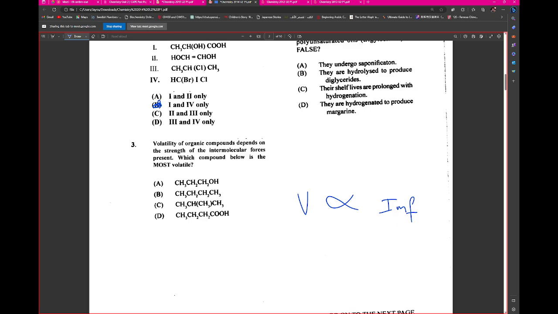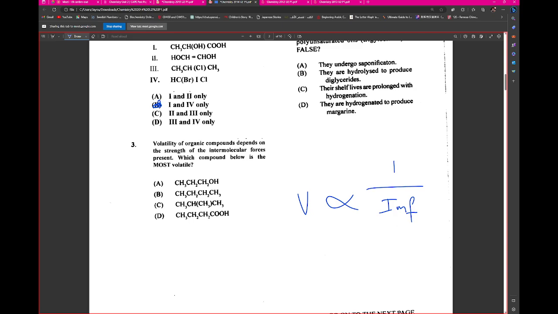Is it directly proportional or inversely proportional? As the intermolecular forces between compounds increase, doesn't that allow the volatility to decrease? Yeah, so they're inversely proportional.